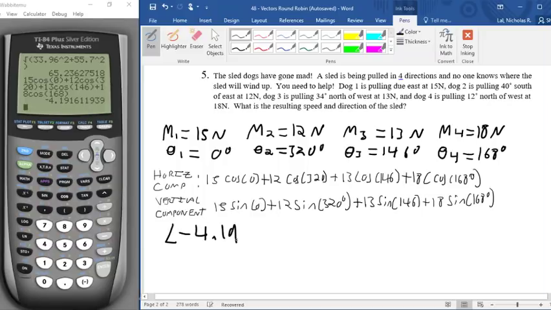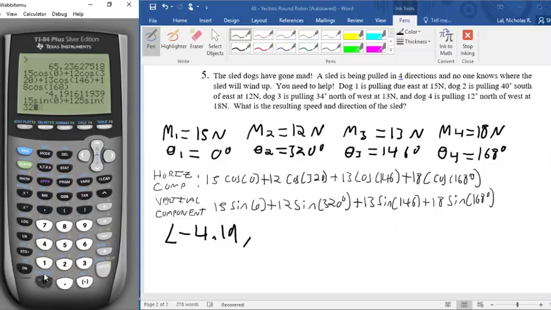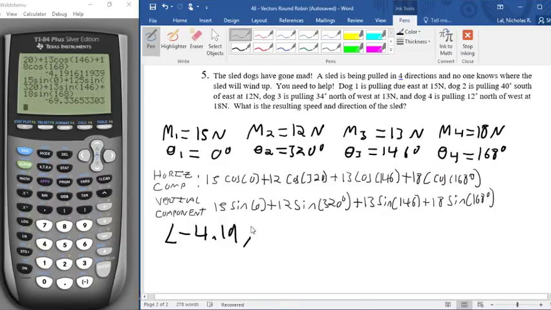And our vertical component is going to be 15 times the sine of 0 plus 12 times the sine of 320 plus 13 times the sine of 146 plus 18 times the sine of 168. So that's going to have a component of negative 69.33.